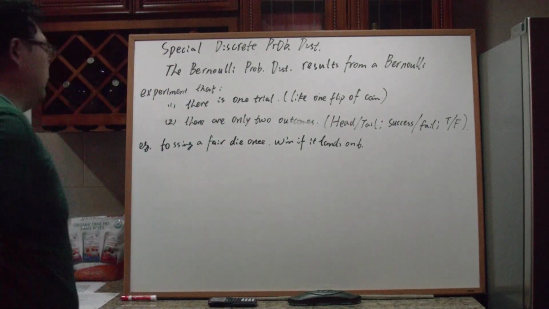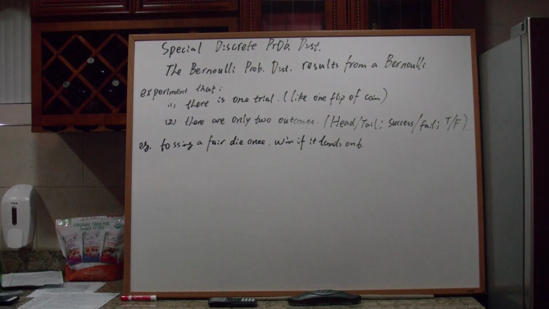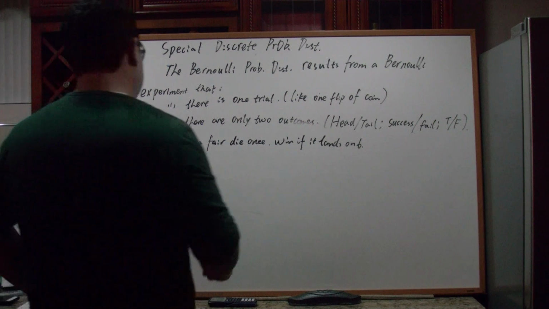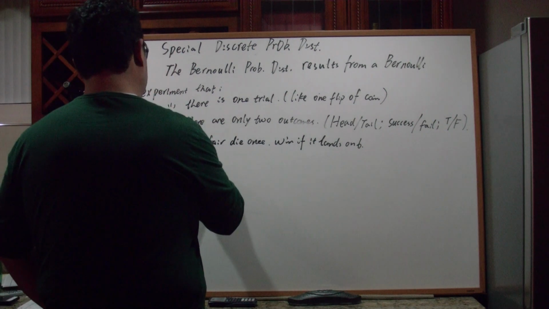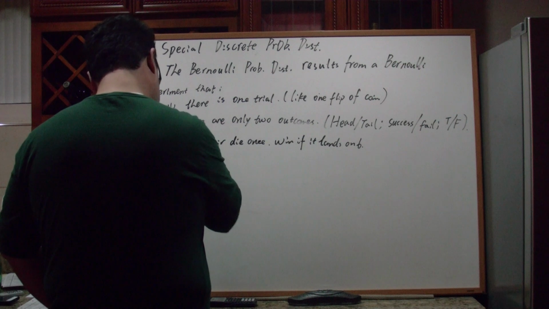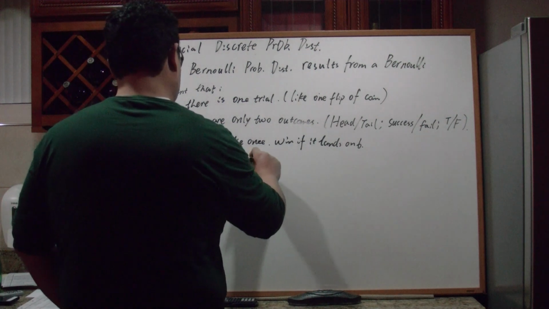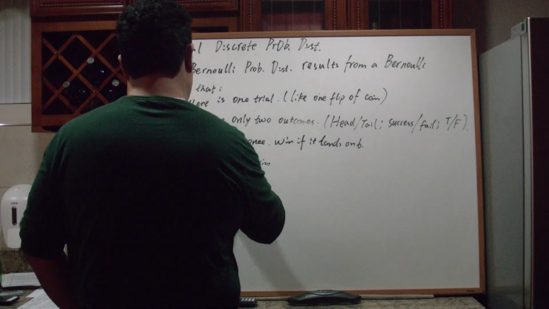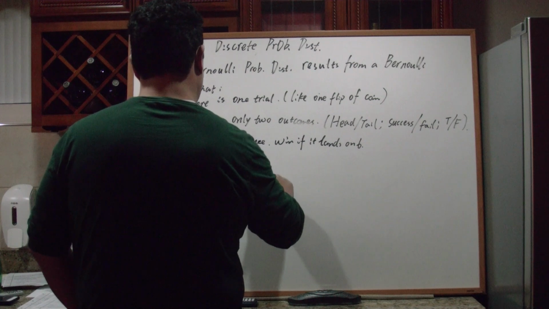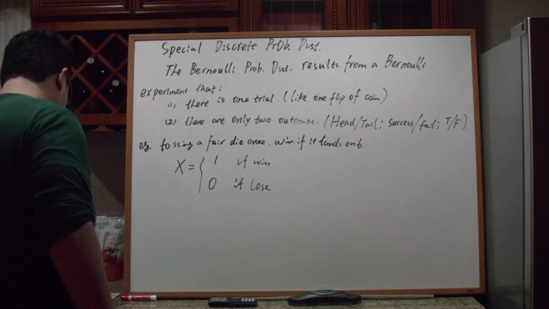By tossing a fair die, you win if it lands on 6. Right, so we also have a random variable: 1 if win, 0 if lose. It could be defined that way.